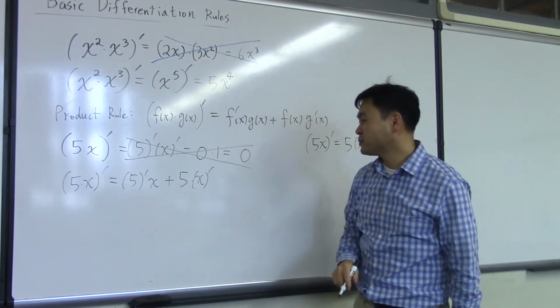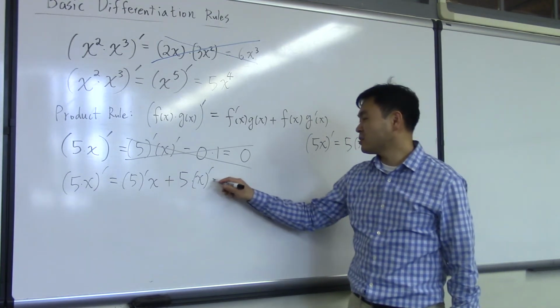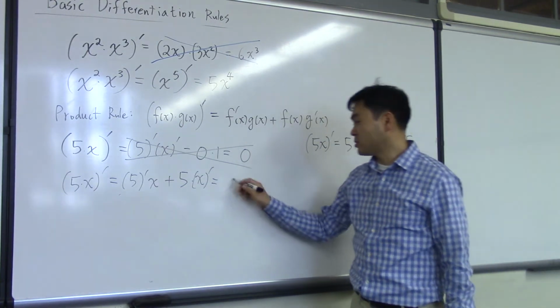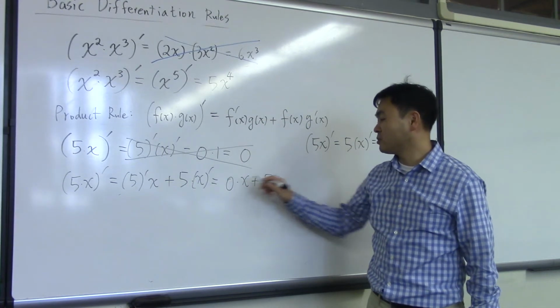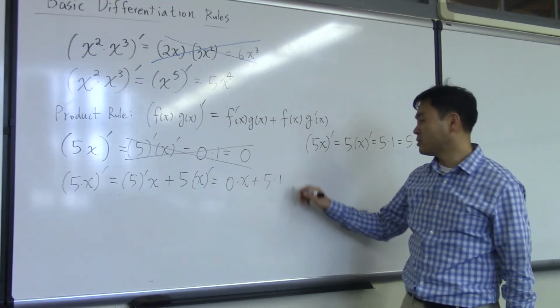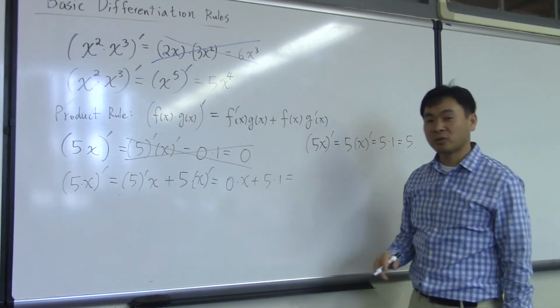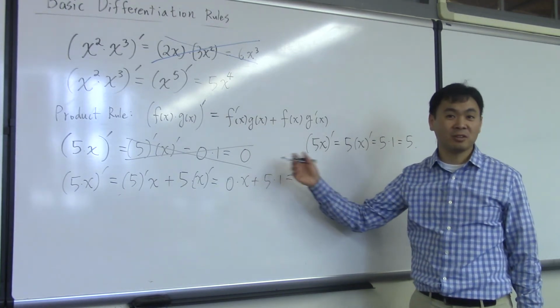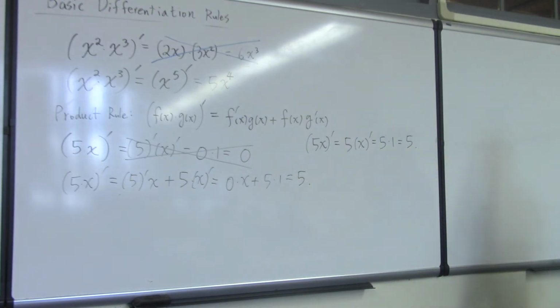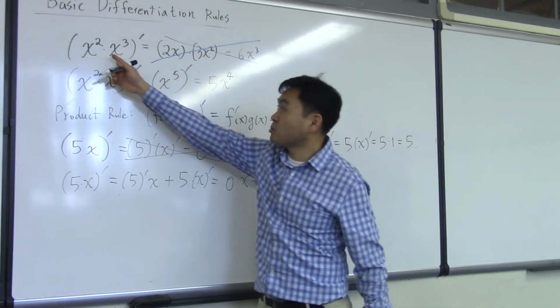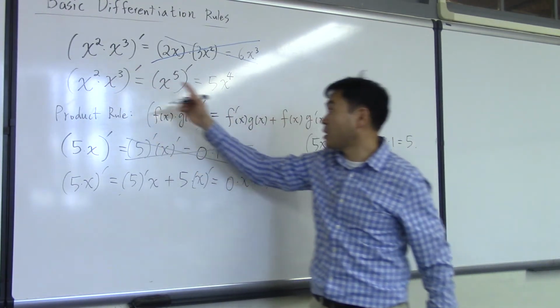Okay. And what's the derivative of 5? It's 0. 5 times, if you differentiate x, it's 1. So 5 times 1 is 5. And 0 times anything is 0. So that's just equal to 5. So you get the same result. Even this one, if you use the product rule appropriately, you get the same answer as this one.